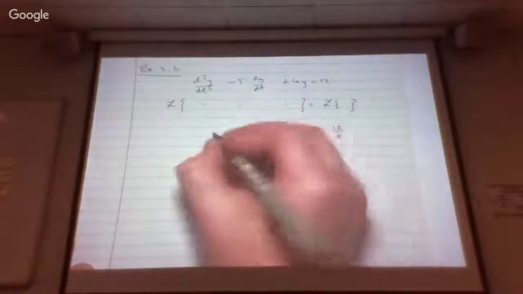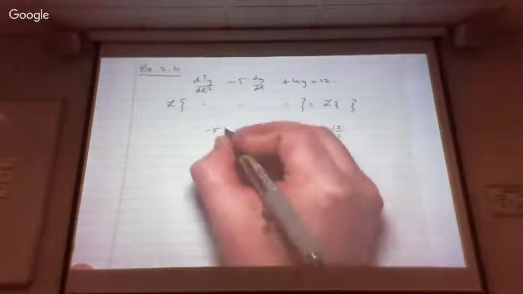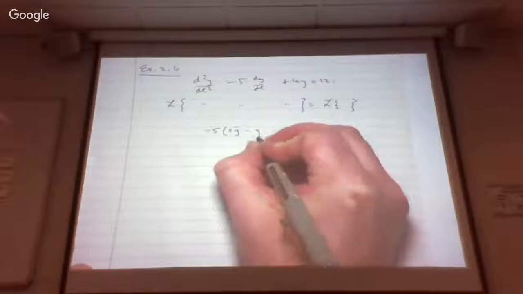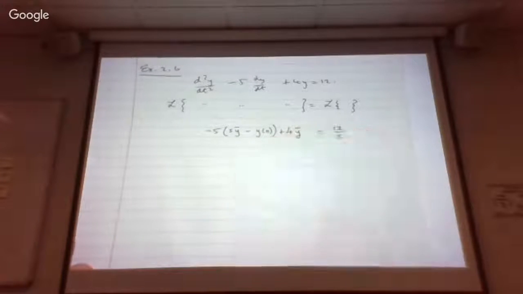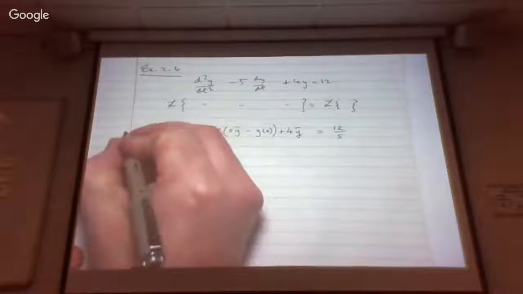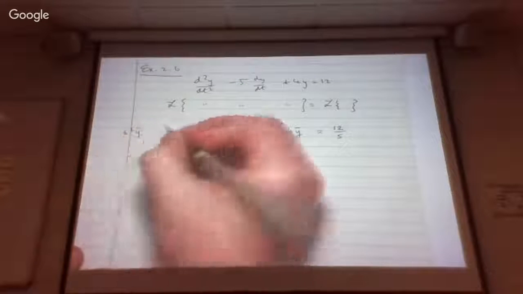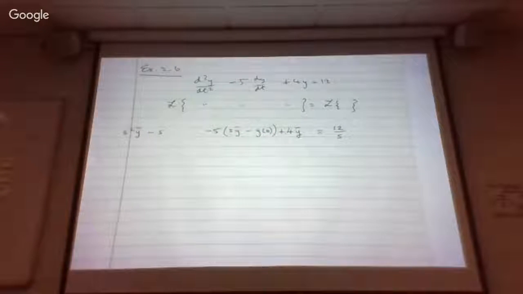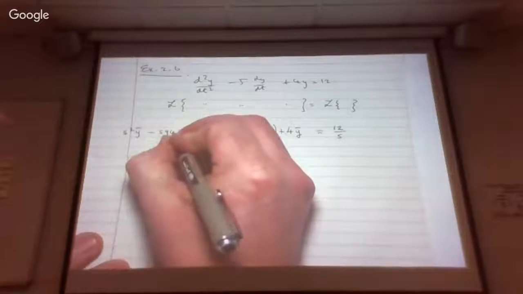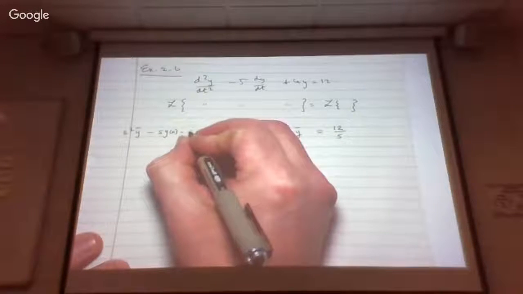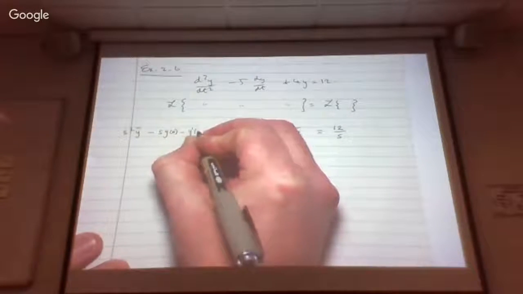Minus 5 times the transform of the first derivative means minus 5 times s y bar minus y of 0. And the transform of the second derivative means s squared times y bar minus s times the initial value of y minus the initial value of the first derivative of y.